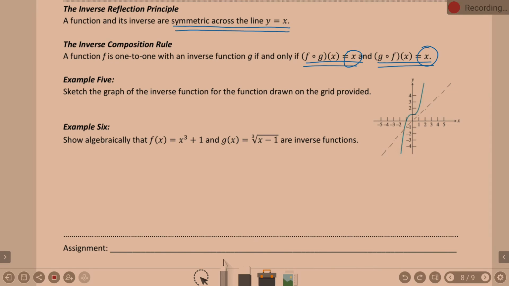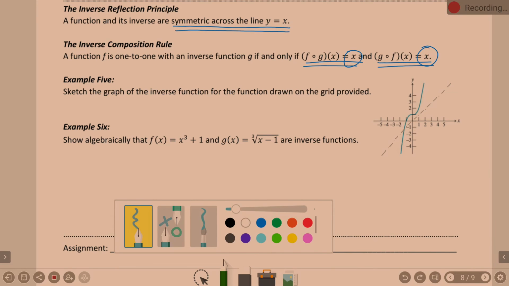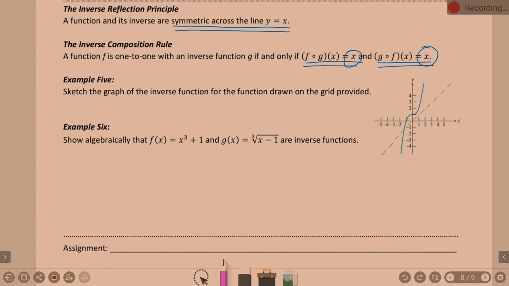So as we look at this problem, for instance, right here on the given graph, this point where my graph crosses the y-axis is the ordered pair, what? 0, 1. So think with me. 0, 1 on the original graph is going to become what? 1, 0. So now I'm going to have a point at 1, 0. This will help us get some points to locate.